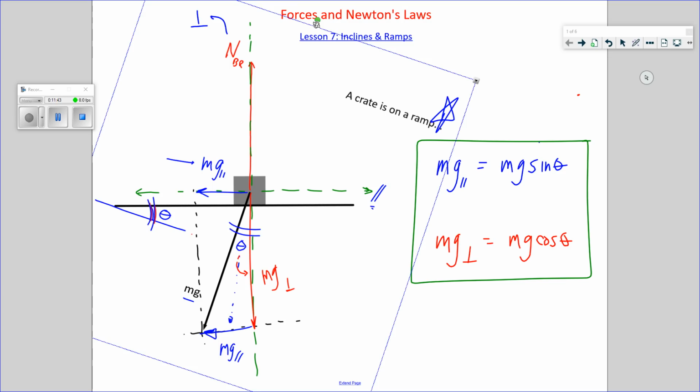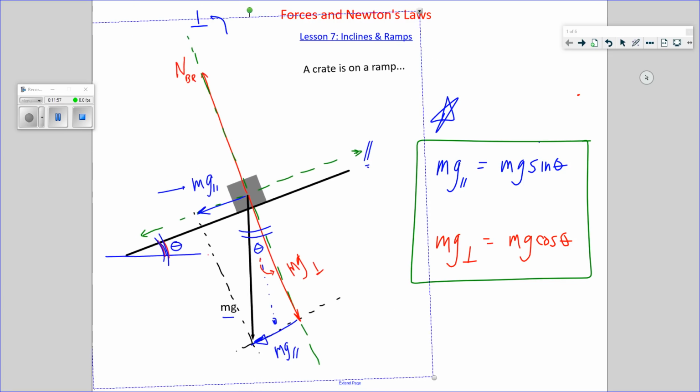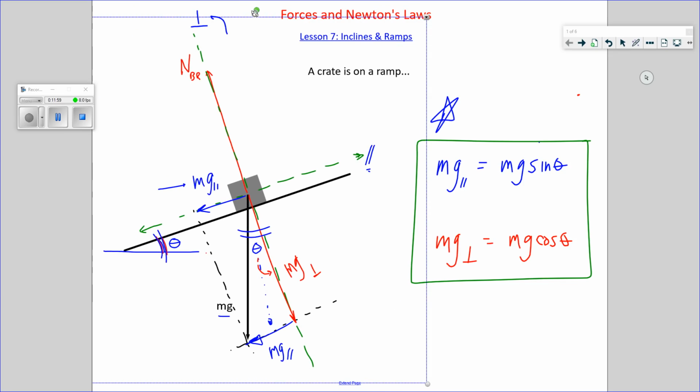And so, since mg now looks off axis, it looks like it's down to the left. Mg parallel is the component that points left. Mg perpendicular is the component that points down. But instead of rotating our sheet of paper, we're just rotating our axes.